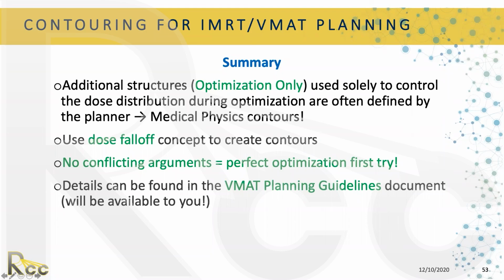And very important, no conflicting arguments. That's what is very important when you create the contours. Most probably you will need to go back and forth to create more contours, because if you create the right contours with thought, you're going to be doing your optimization and achieve everything on the first try.